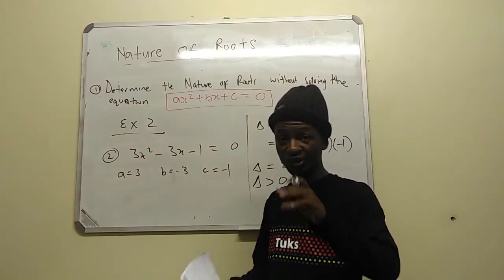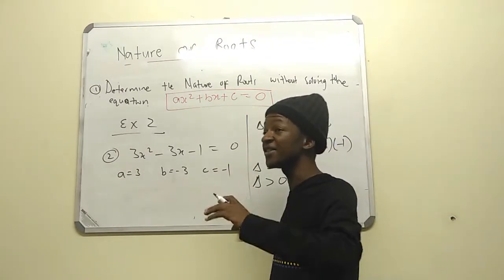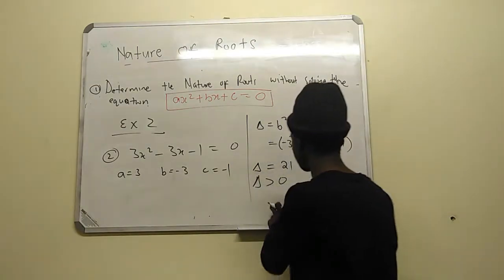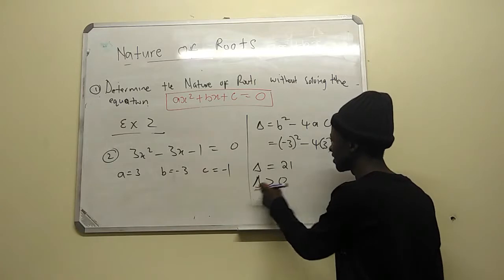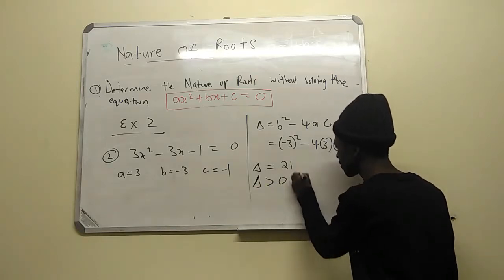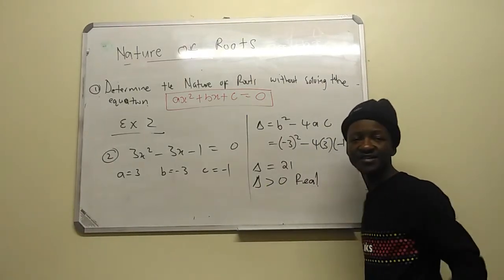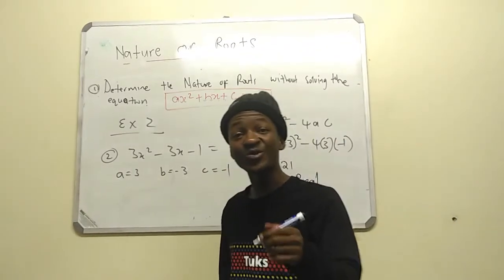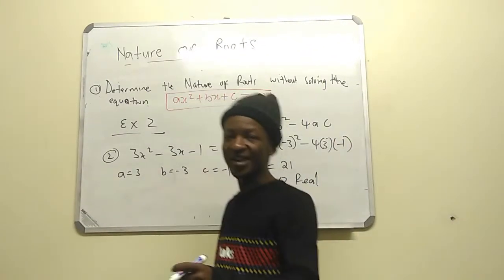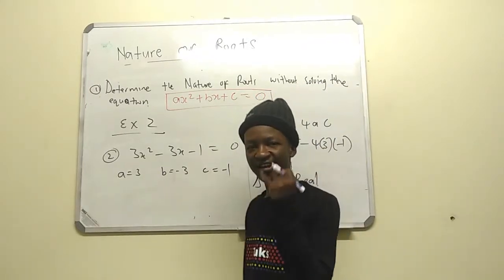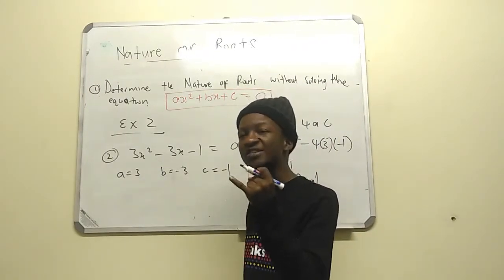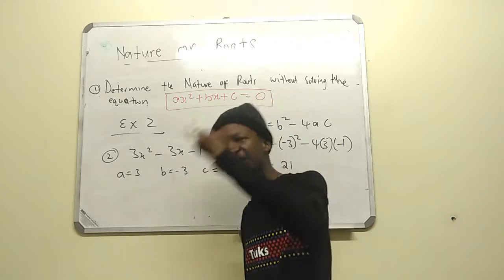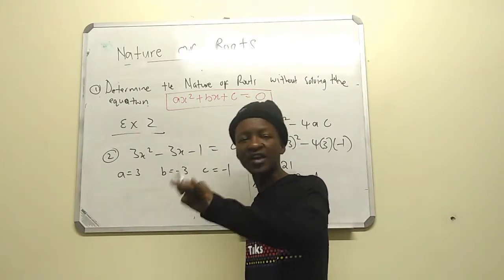Basically, you check your table and analyze everything on it. Since 21 is positive, delta is greater than 0, so the roots are real. But with real numbers we have to go further: they are either rational or irrational, unequal roots.